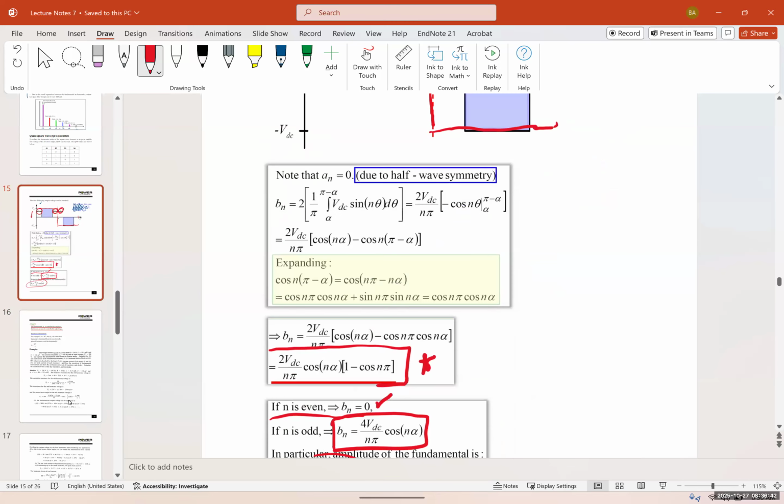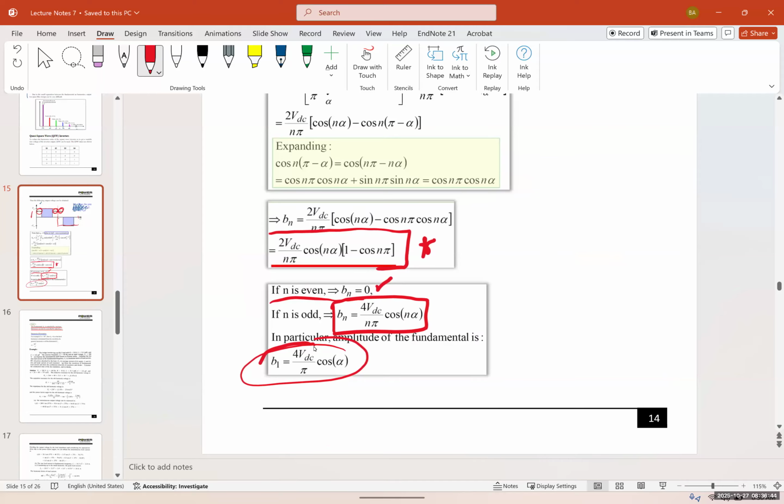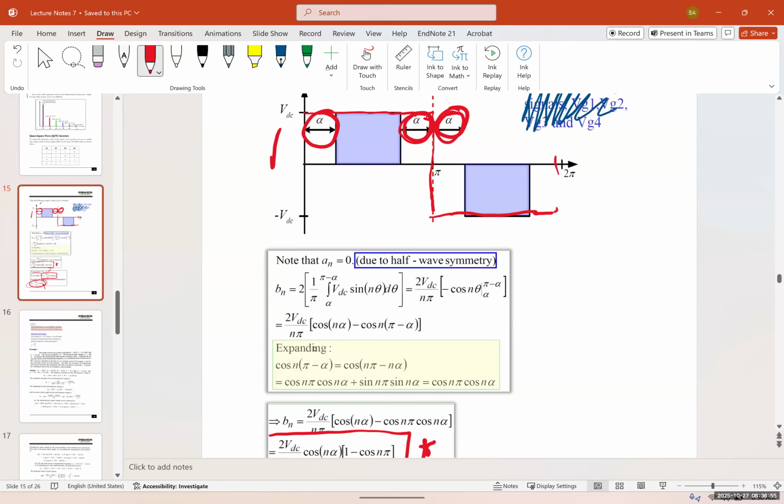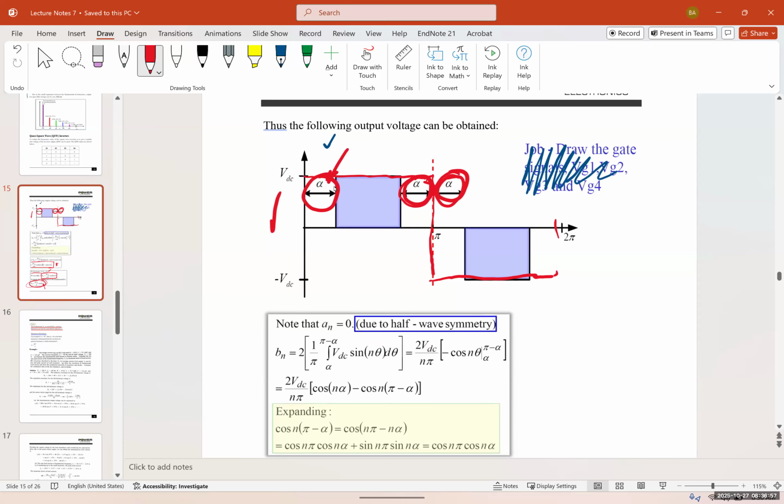So you can see that we can affect the harmonics by adjusting alpha. Now this gives us a good idea. Why don't we use this alpha to control the width of the signal, to be able to control the harmonics as well?